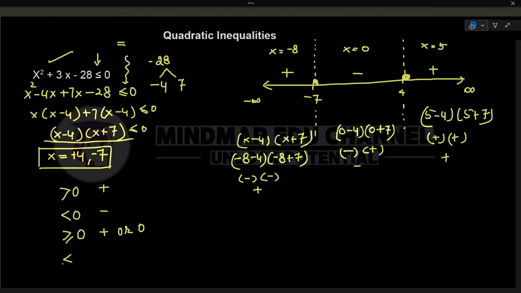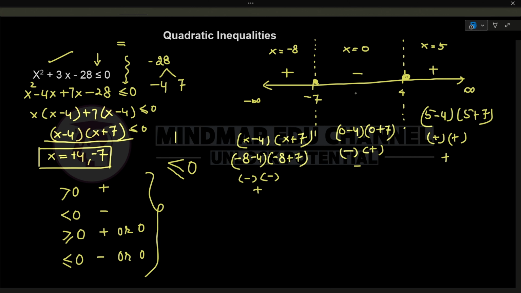And if it is less than or equal to 0, that means it is negative or 0. So remember these things. Clear? So in our first example, we have what? We have less than or equal to 0. Correct? So less than 0 means negative values.